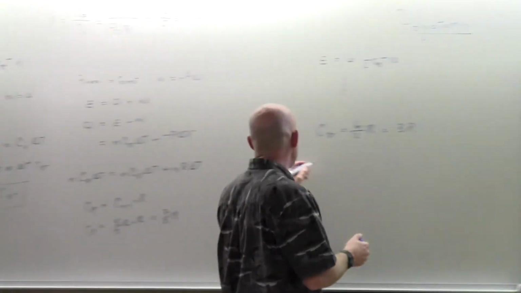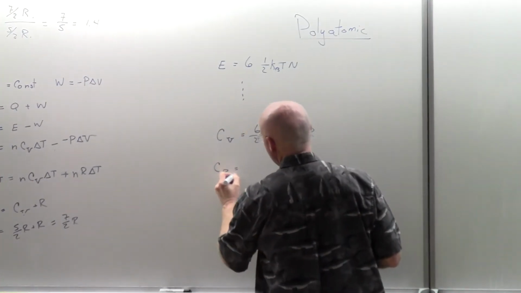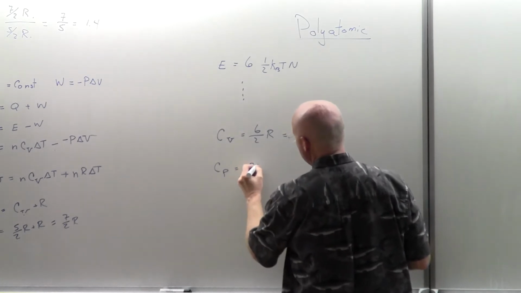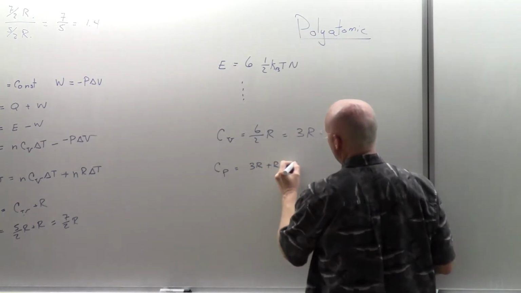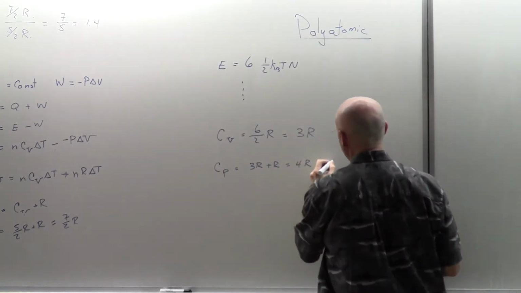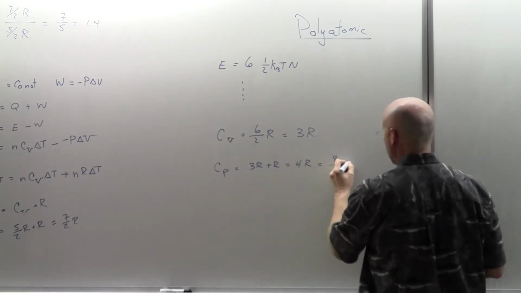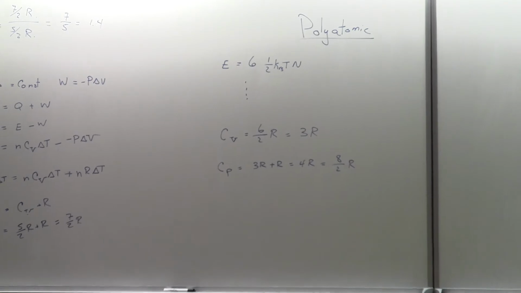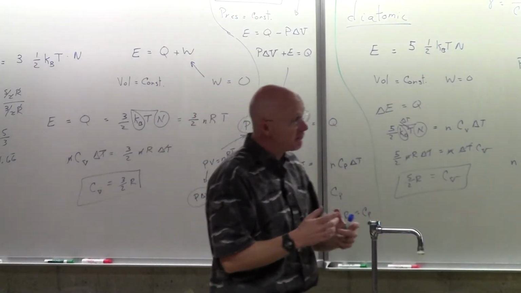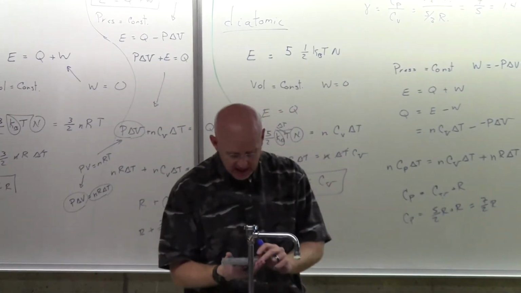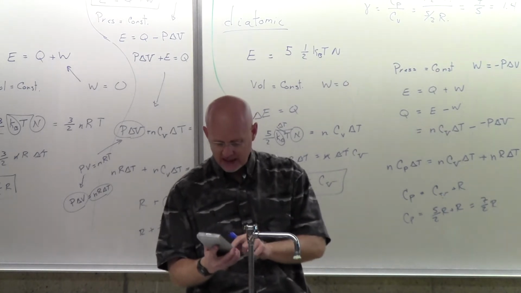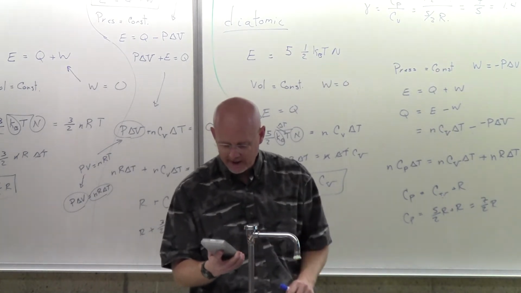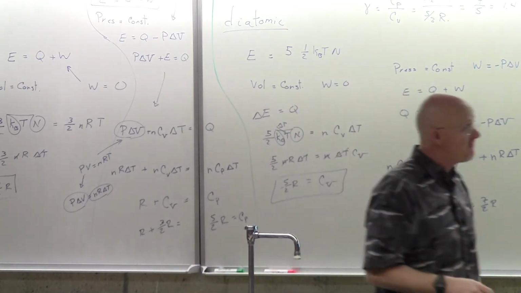So in this case, CP would be the 3R plus the R, which is 4R. Again, I prefer to think of it as 8/2 R, so that it follows the pattern of the 1/2 degree of freedom there. But if I then get my calculator out and go 3 times 8.31, I get roughly 25.